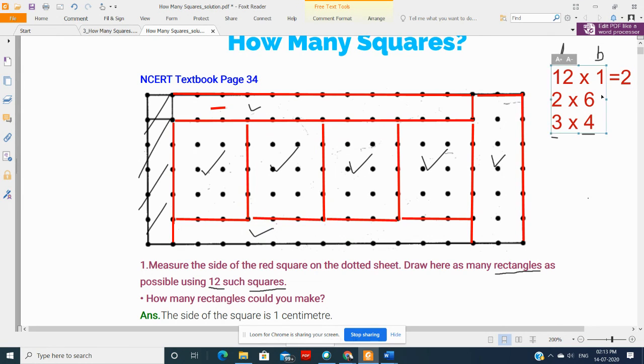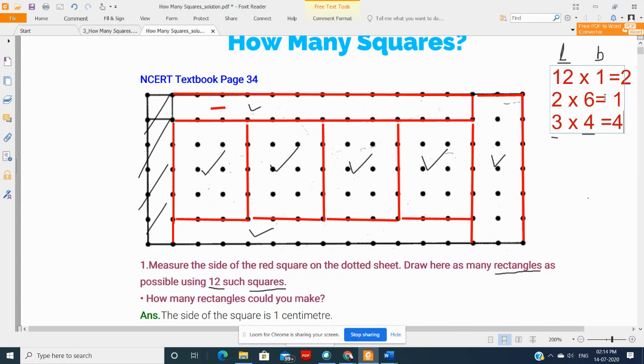Okay, then now I can say that from 2 and 6, how many boxes did I get? 1. From 3 and 4, how many boxes did I get? 1, 2, 3, 4.